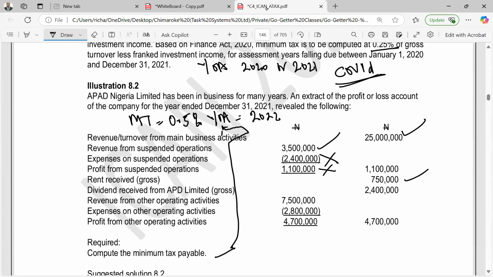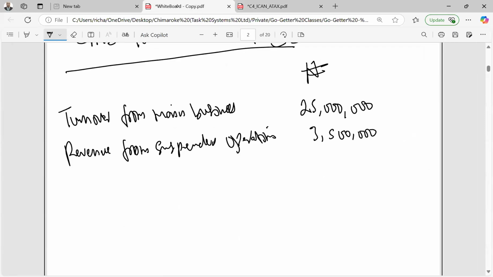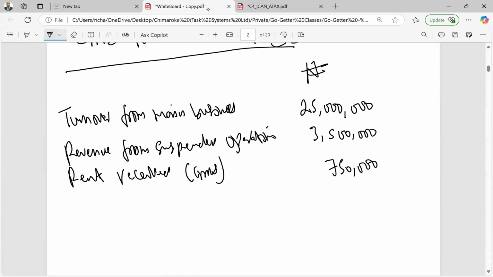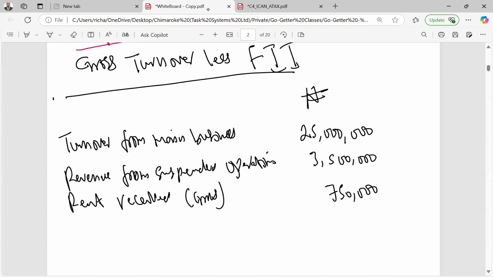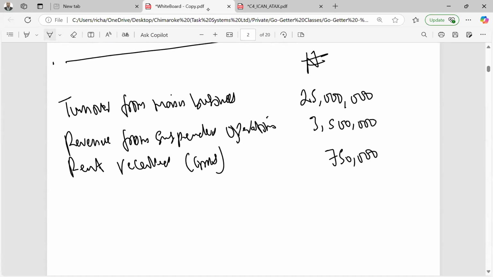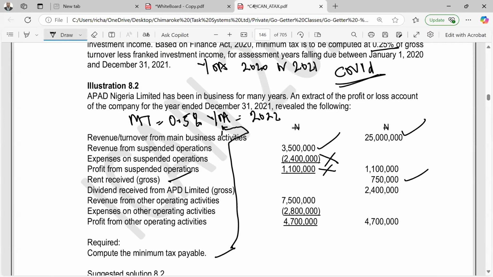We're going to take it. Rent received gross is 750. Mind you, if they have told you net, we would have grossed it. Why? Because we are looking at gross turnover. So all our things are supposed to be gross.